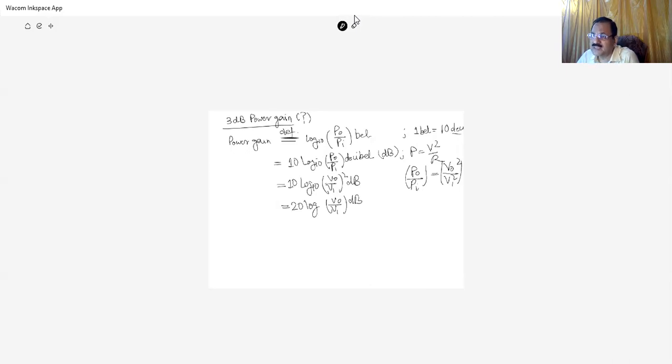Now we have to consider the value at which the output is 70% of the given value. That is, V0 upon Vi, where Vi is V0 by under root 2.